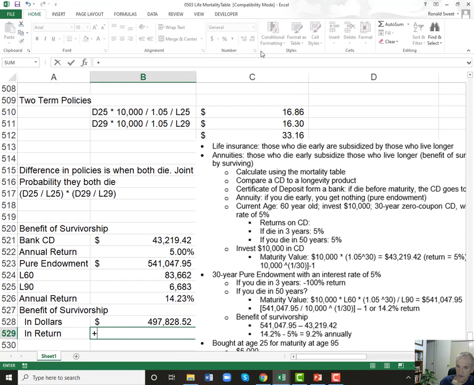How much extra return do you get? Well, 14% minus 5%, you get an extra 9.23% return. So it's huge if you live that long. Now, obviously, if you die in 29 years and 11 months, you're going to be pretty upset, because if you could have just made it a few more weeks, your estate would have gotten $500 and something thousand.